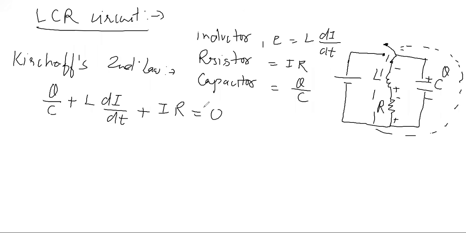This is what it is going to be because the sum of all the potentials in the circuit should be equal to 0.